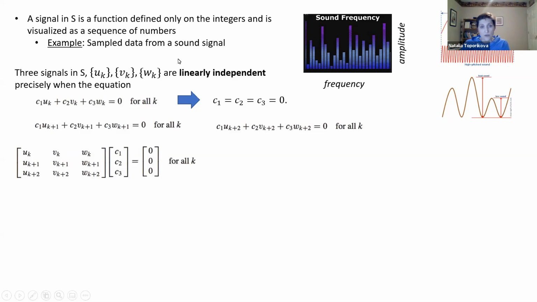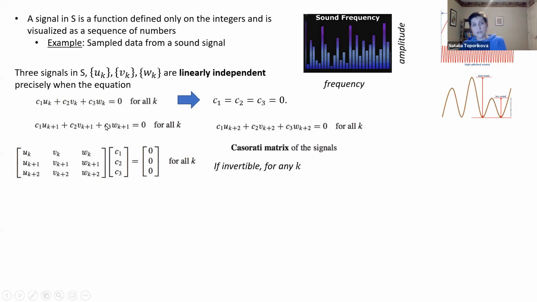And again, because we are trying to figure out if our system is linearly independent, their linear combination should be equal to 0. This matrix is very important. Obviously, we want to write down the linear combination for any number of signals. We call it the Casorati matrix, and it is commonly used to analyze signals.